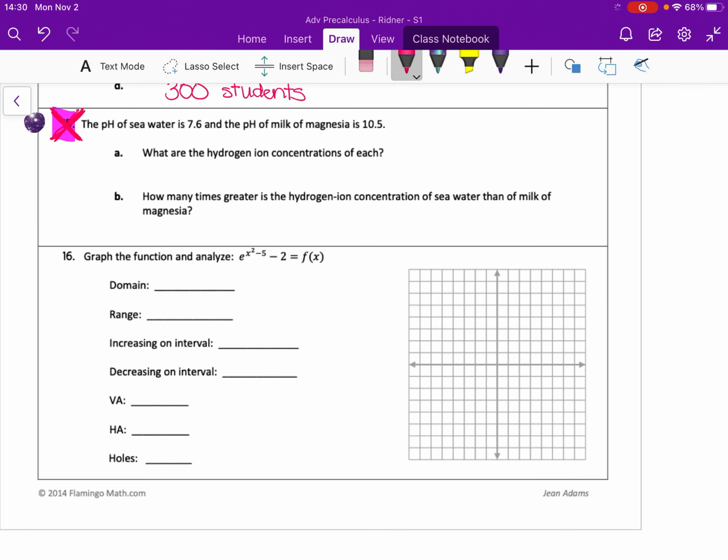All right, so if I graph e to the x squared minus 5 minus 2, what does that look like?